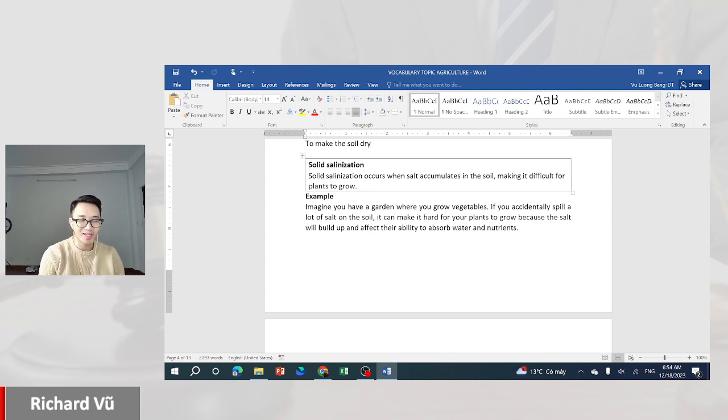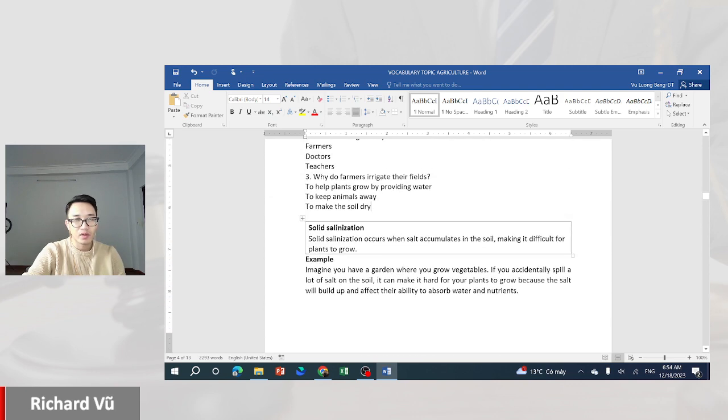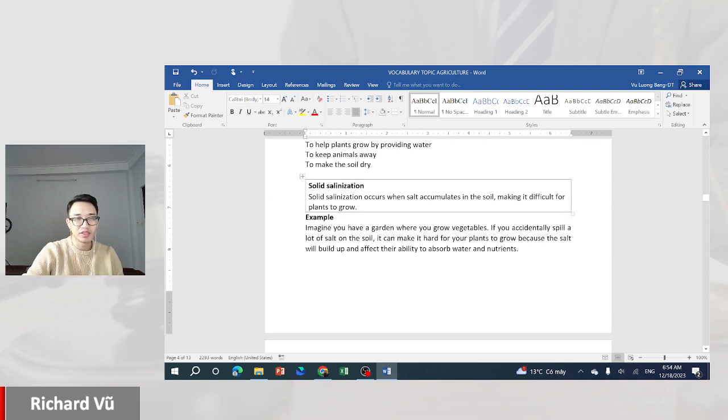If you unintentionally spill a lot of salt on the soil, it can make it hard for your plants to grow because the salt will build up and affect the ability to absorb water and nutrients. Keep in mind, soil salinization occurs when salt accumulates in the soil, making it difficult for plants to grow.